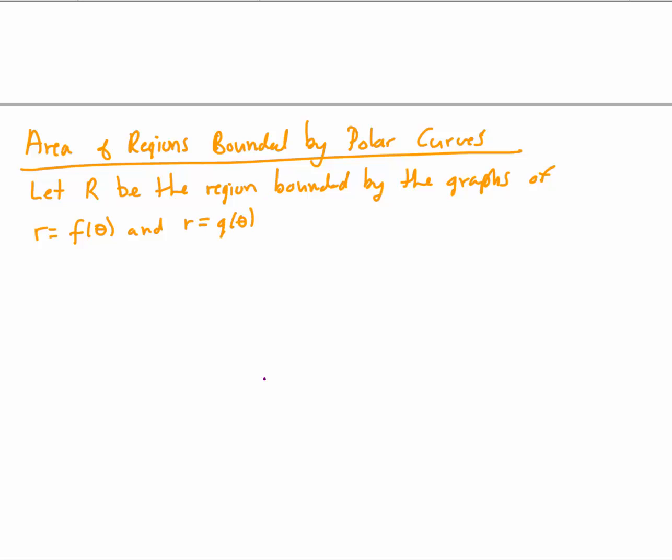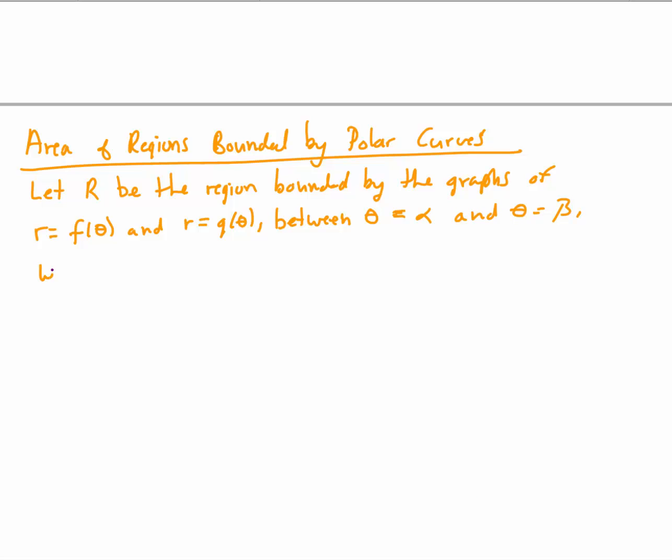Now when we're talking about r, f of theta and g of theta, we also have to have another bounding region. So we need to know, let's say, upper minus lower or right minus left, but remember these are sectors, not rectangles. So these are going to be squashed between theta equal alpha and theta equal beta.